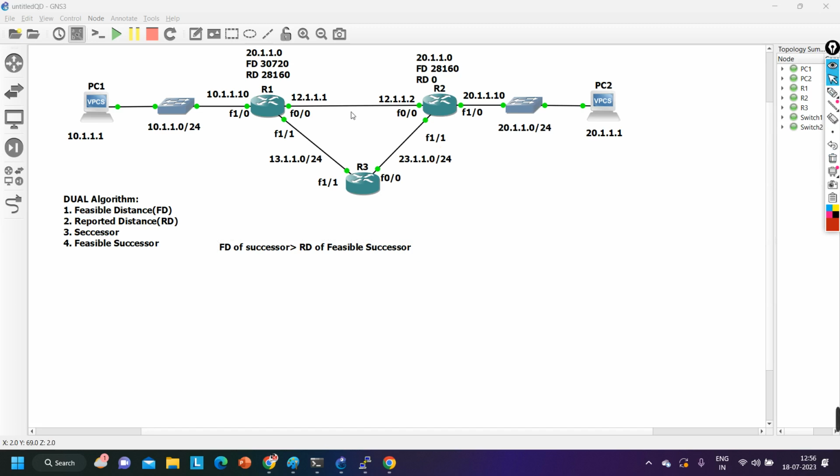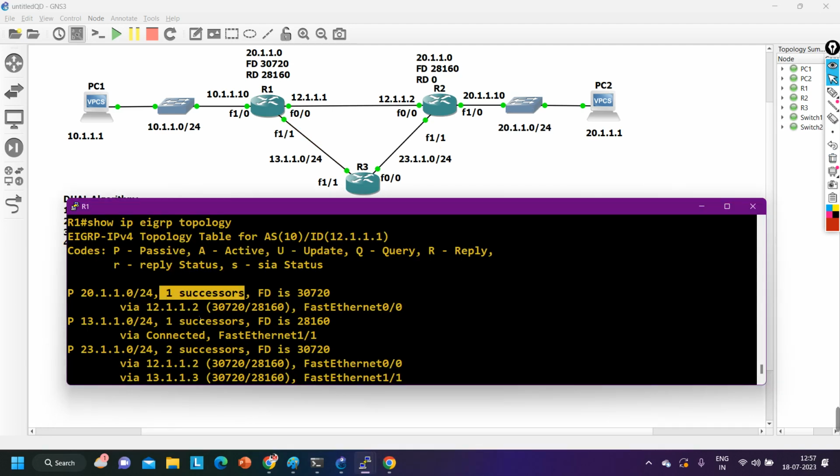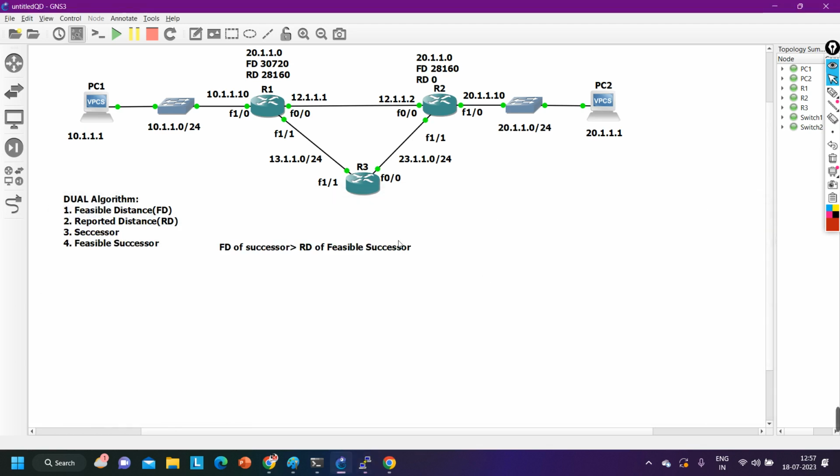If I down this interface F0/0, for now what I am going to do is note down FD and RD via router number 2. This is FD and RD. I have copied it and let me paste it over here.